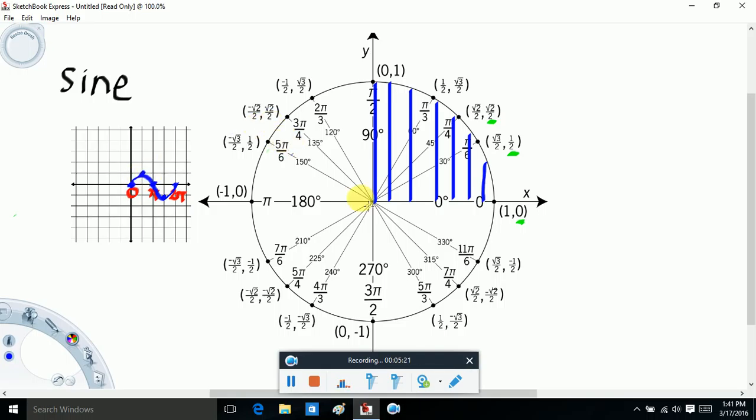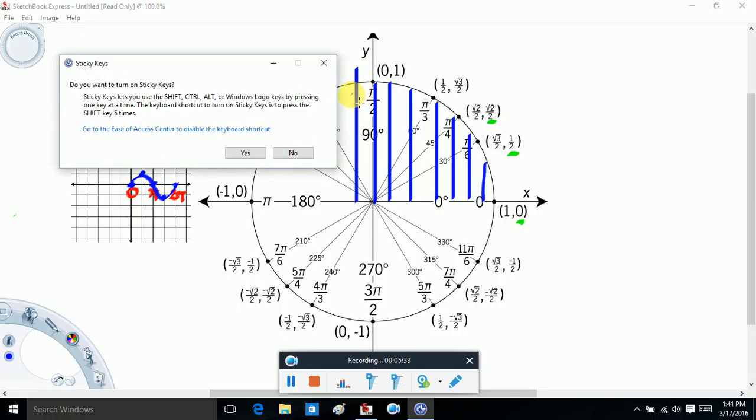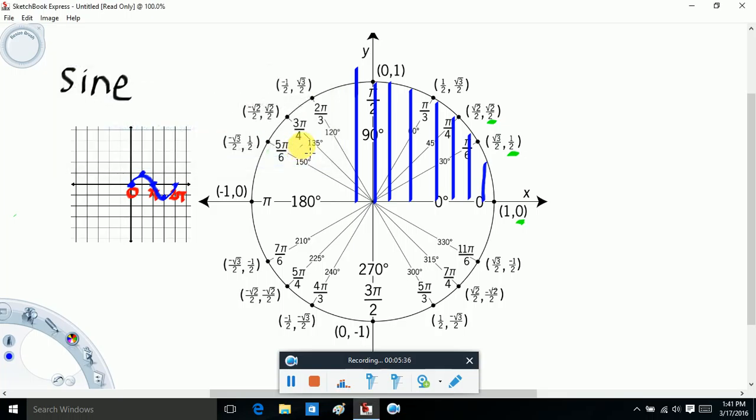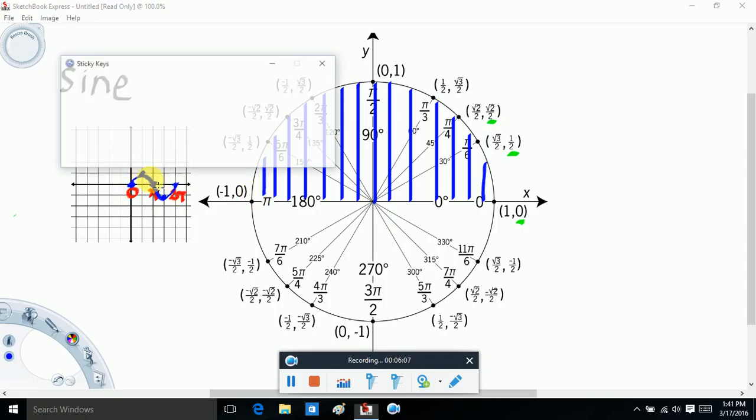Okay, and then it decreases from there. It's going to keep decreasing until it gets to pi, where it's 0.